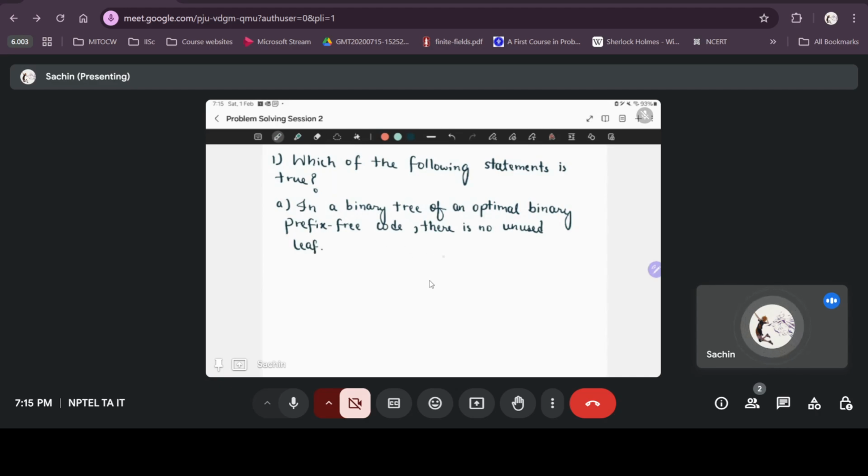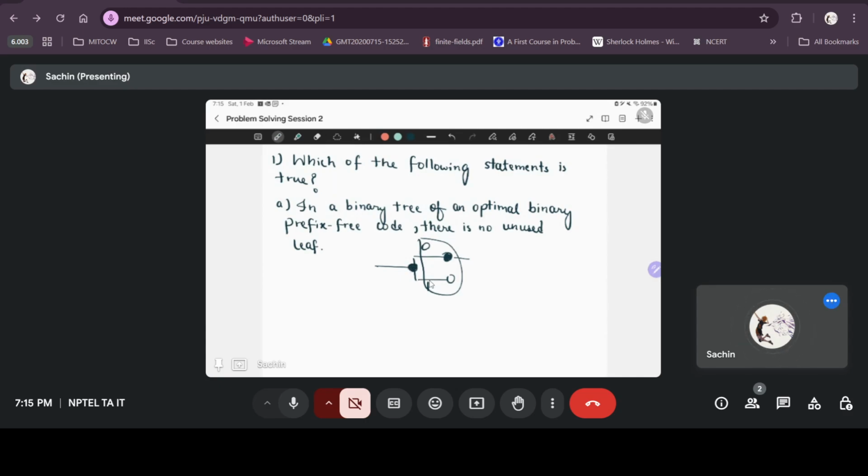This is a true statement because if there was an unused leaf like this, so suppose this corresponded to a code word for some message, then you could easily eliminate the last bit and make this node a leaf.